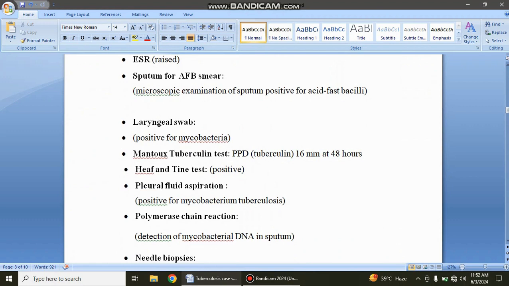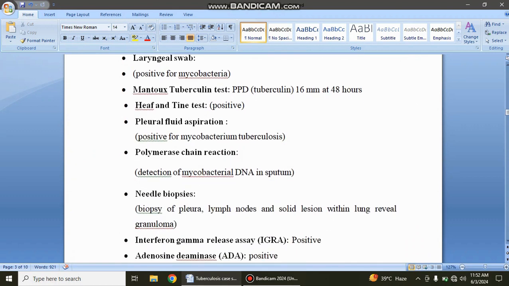Mantoux tuberculin test, PPD tuberculin, 15 mm at 48 hours. Heaf test, that was positive. Pleural fluid aspiration, positive for Mycobacterium tuberculosis. Actually, this is the bacteria that causes TB.